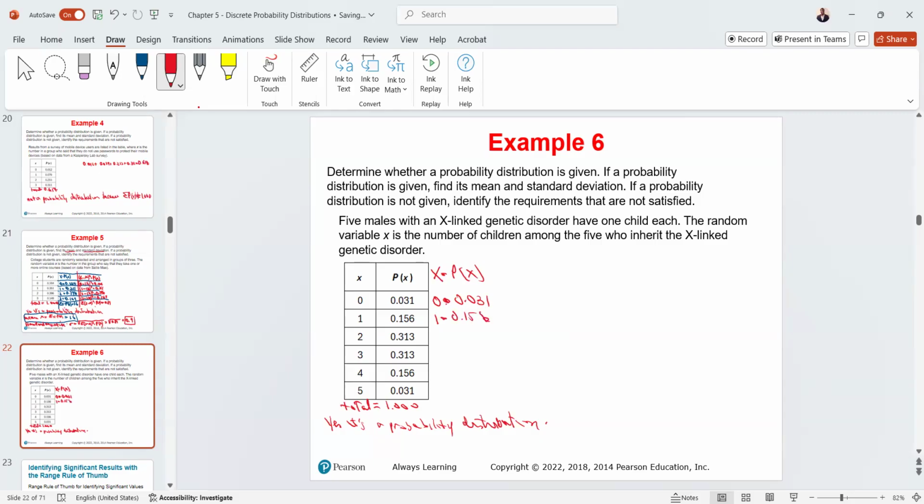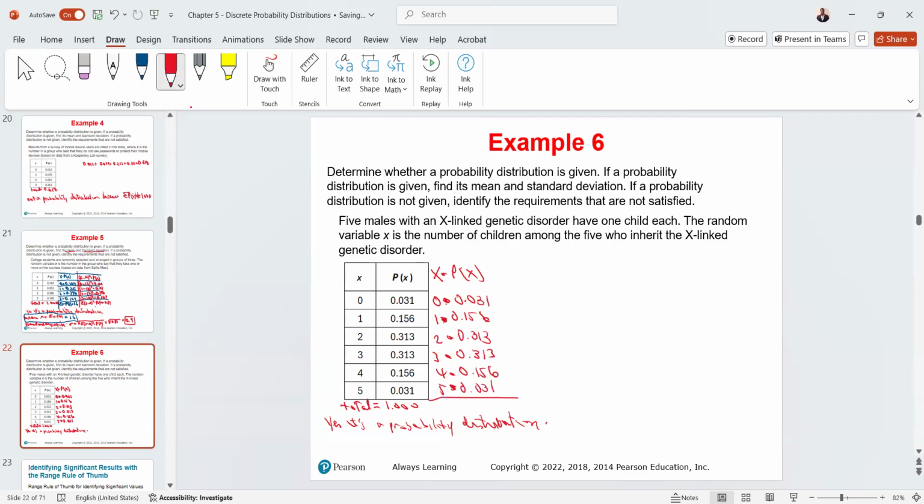Okay, we do 2, because it's x times p of x, 2 times 0.313, 3 times 0.313 twice, 4 times 0.156, and 5 times 0.031.